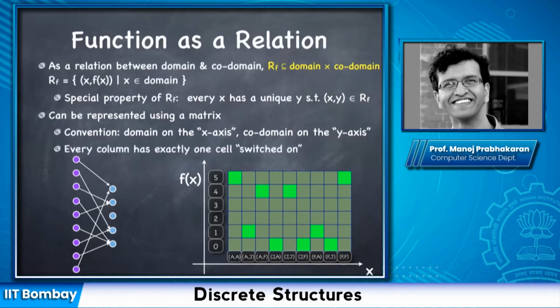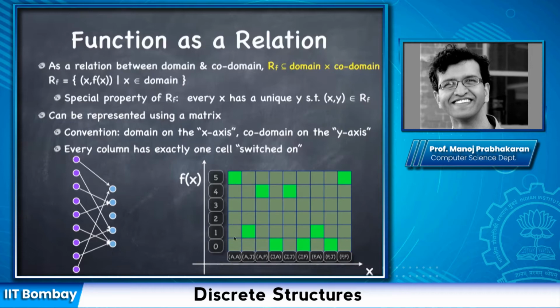And the special property is that it's not that you can take any matrix and that would correspond to a function. For every column, there should be exactly one cell that is switched on, for which the entry in the matrix is true.